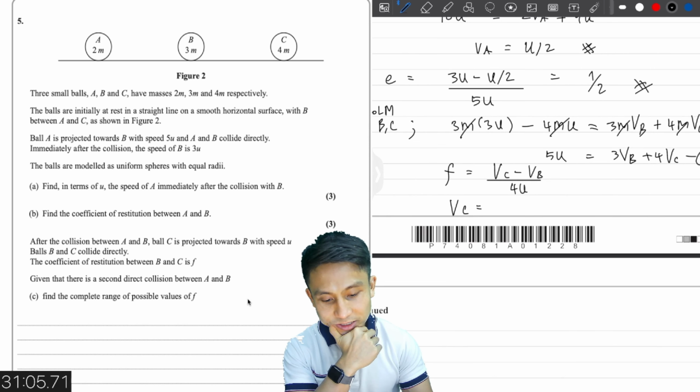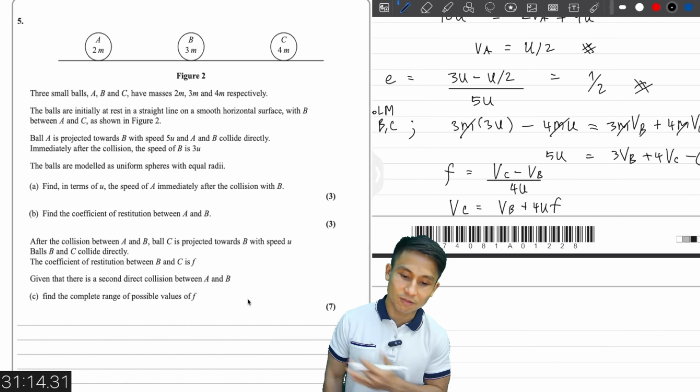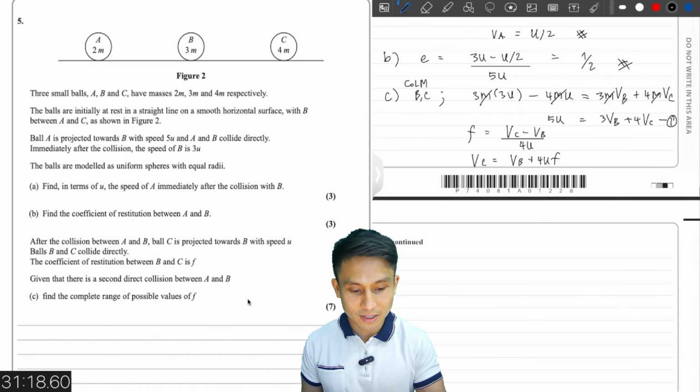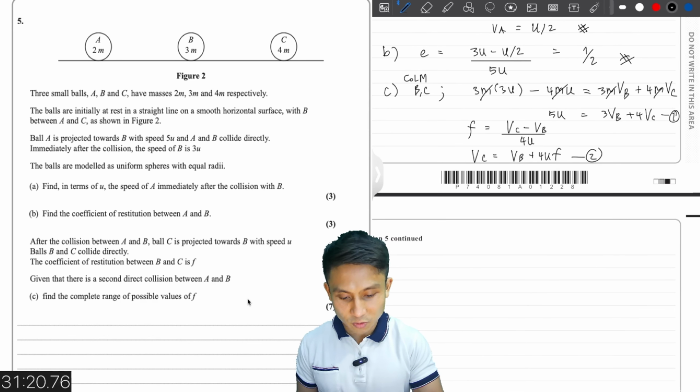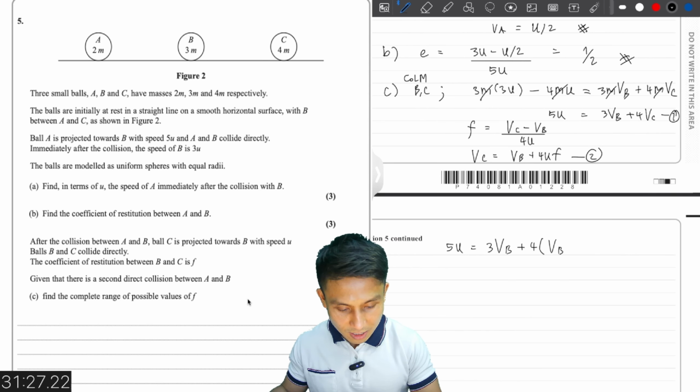I'm going to put VC as VB plus 4uf, just multiplying by 4u and moving VB to the left. So I get this equation here. I think you're okay with that. So we substitute into 5u equals 3VB, keeping VB the same, but VC I'm going to change to VB plus 4uf.